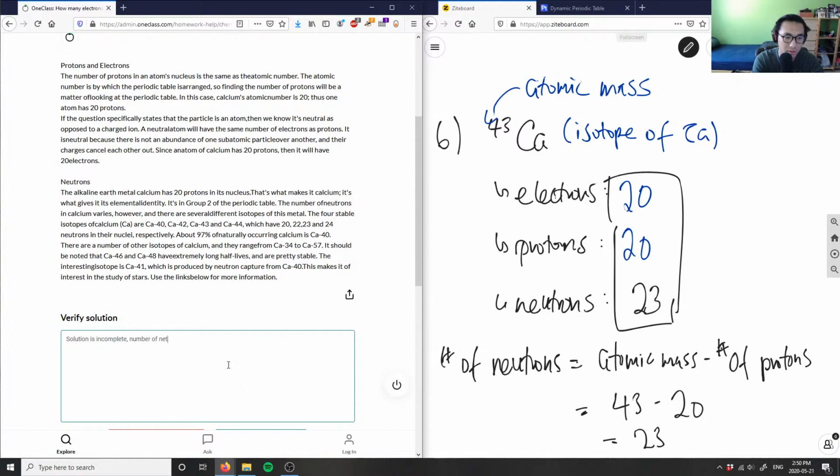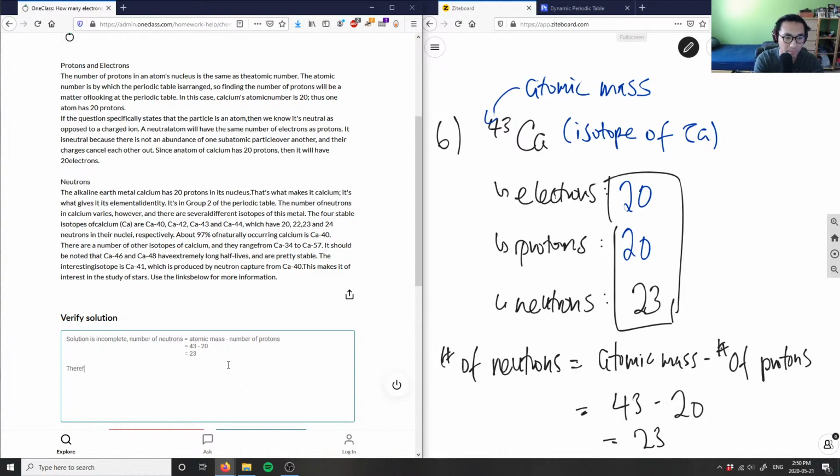Number of neutrons is going to equal the atomic mass minus the number of protons. So this is going to be 43. Sorry, that's 53. 43 minus 20, which would equal 23.